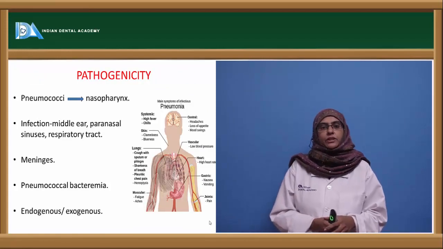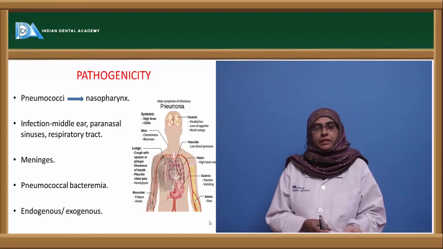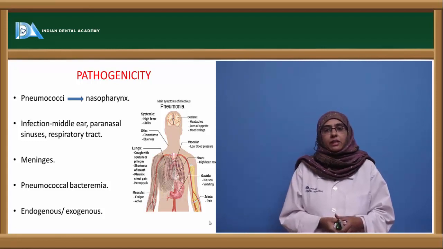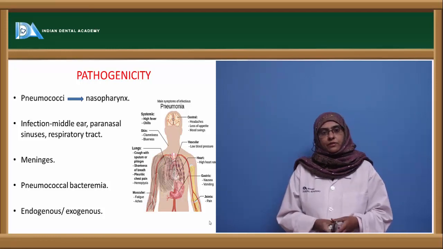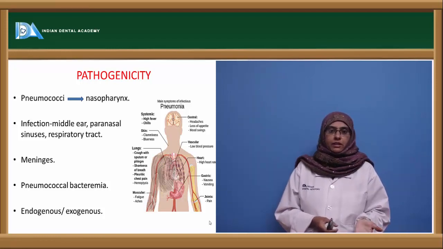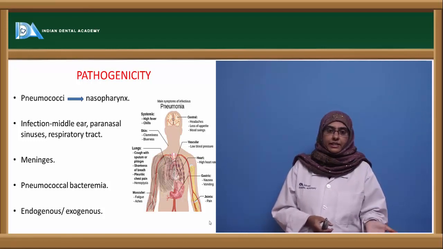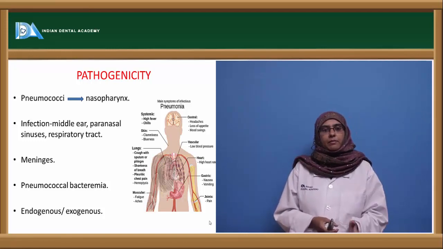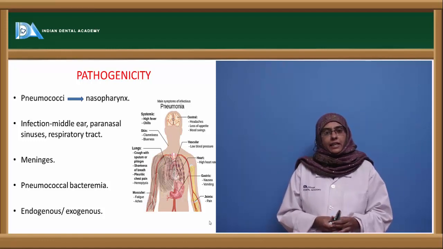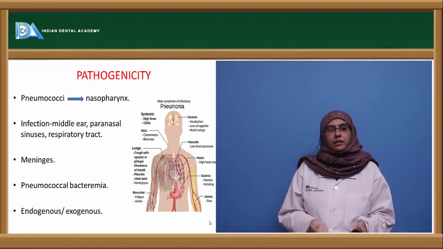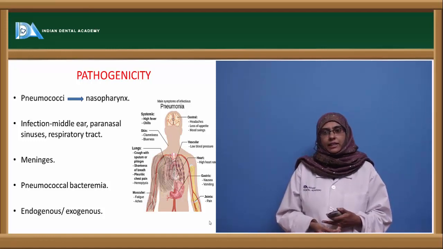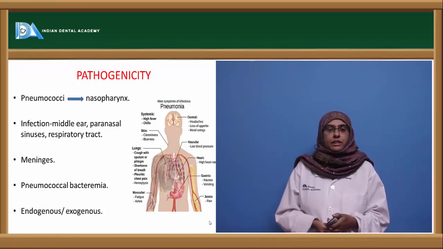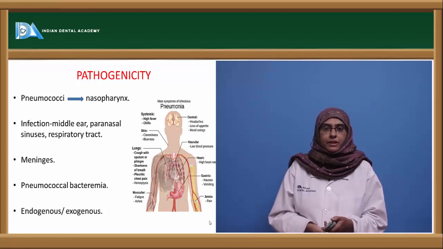Now coming to the pathogenicity, how this organism establishes itself and causes the infection in the human. Pneumococci, as already discussed, are normal inhabitants of the human nasorespiratory tract or the nasopharyngeal tract, and the organism can establish very well on the nasopharynx and spread to other nearby areas, causing infections of the middle ear, which is otitis media, and infections in the paranasal sinuses or the respiratory tract.